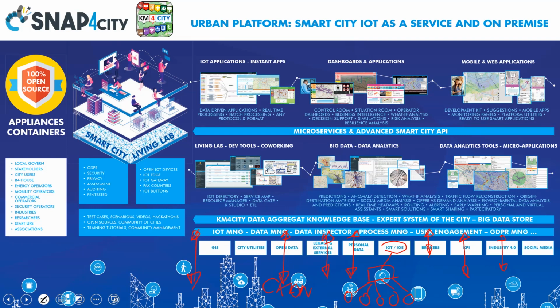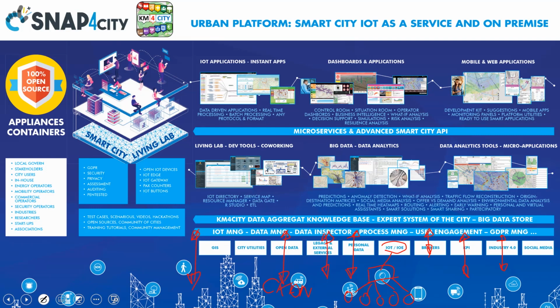You can create your own data analytics, or you can exploit our data analytics, for instance, for prediction, anomaly detection, what-if analysis, traffic flow reconstruction, origin-destination matrix computation, social media analysis, computation of the offer versus demand of mobility, environmental data analysis and prediction, creation of heat maps, routing, multimodal routing, alerting, early warning, also for stimulating your user with personal and virtual assistance and engagement, and to create smart solutions, smart sharing, and participatory processes in your city.